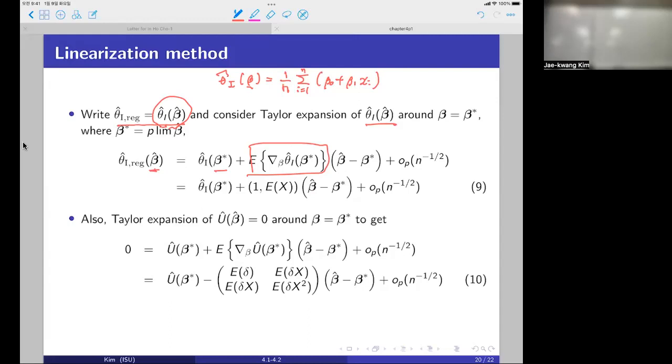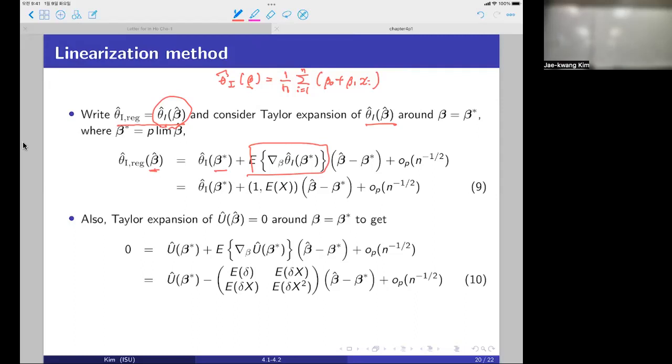Tangent. So you now take the partial derivative, the differentiation with respect to beta, and then take the expectation. Then this is 1 and x bar. So you have an expectation of this guy. Remember, this is a two-dimensional vector. Now the question is how should I get rid of this?